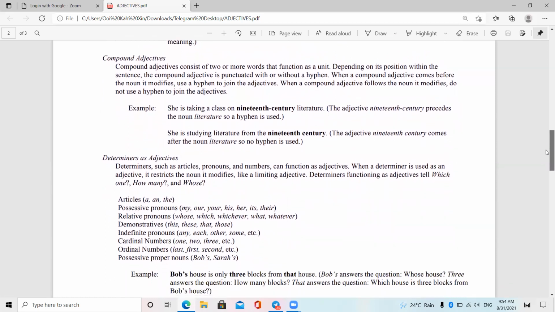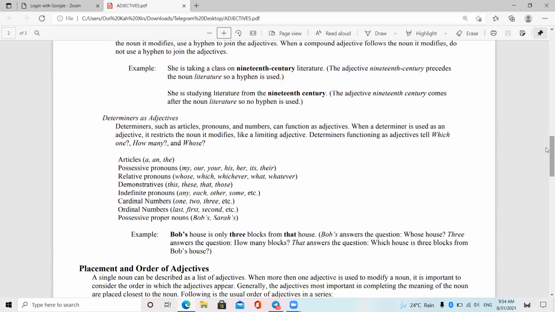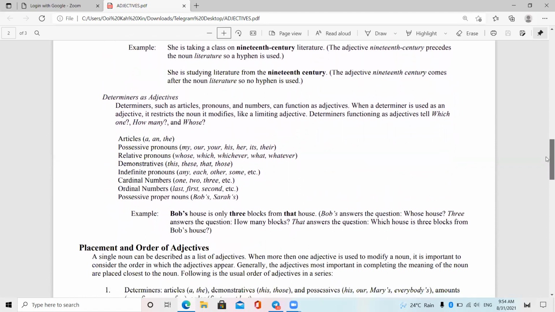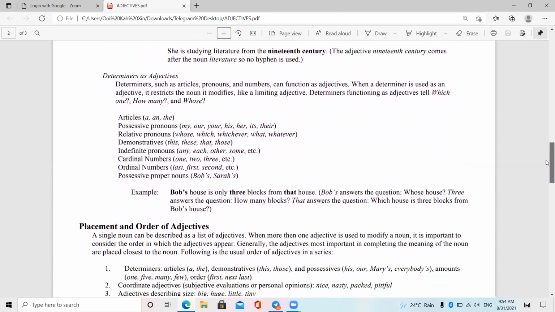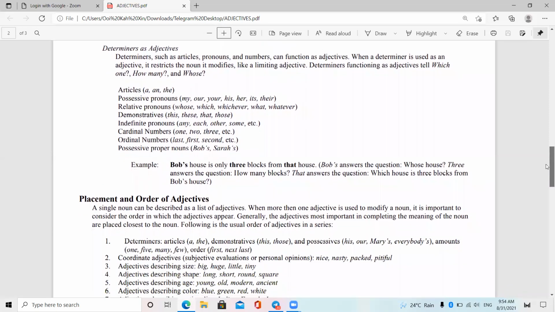Determiners as adjectives. Articles, pronouns, and numbers can function as adjectives. When a determiner is used as an adjective, it modifies like a limiting adjective. Determiners function as adjectives to tell which one and how many.